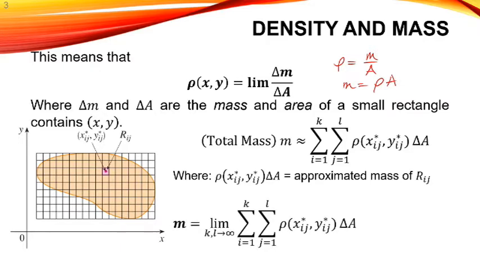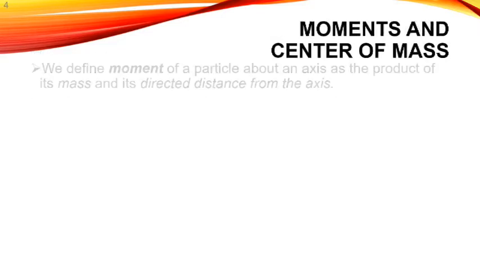So the mass is equal to the limit of the Riemann sum density function times the delta area or the increment of area as k and L approaches to infinity, where yung k and L ay yung subdivisions, okay, nung ating region, which is equal to the double integral of the density function times dA, which is the area, evaluated in the region D.